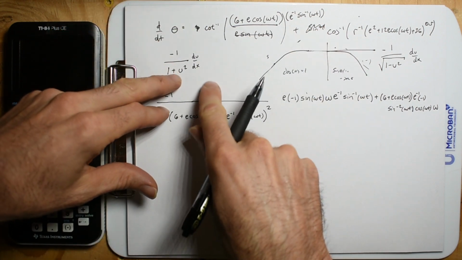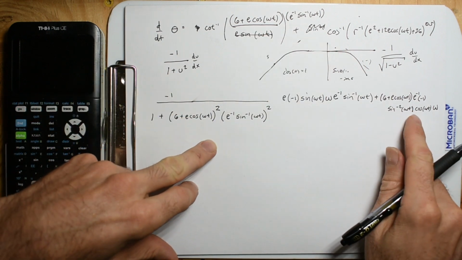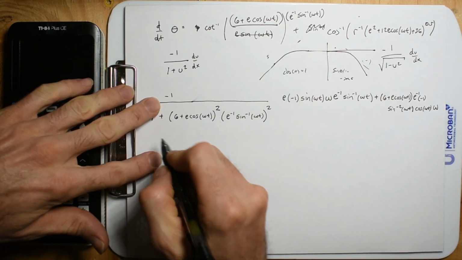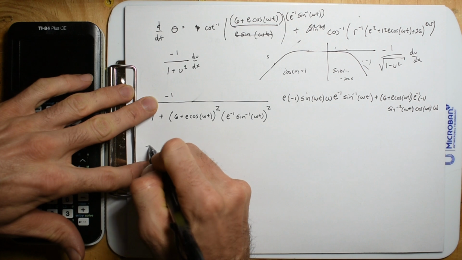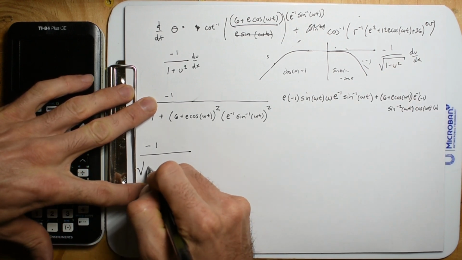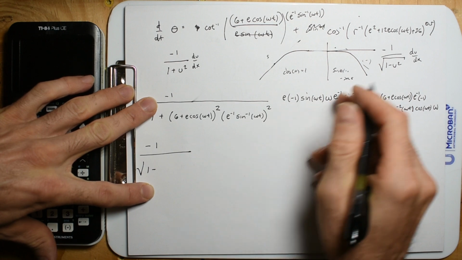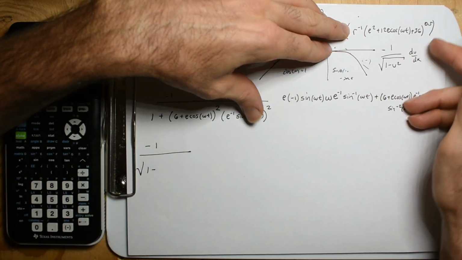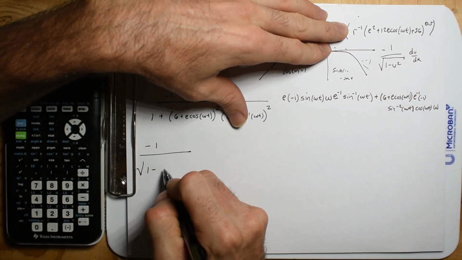The derivative of this, and then we took the derivative of the inside. Okay, let's do this next one. So we're going to have minus 1 divided by the square root of 1 minus all this stuff on the inside squared.